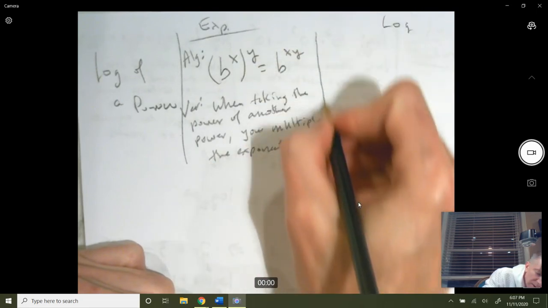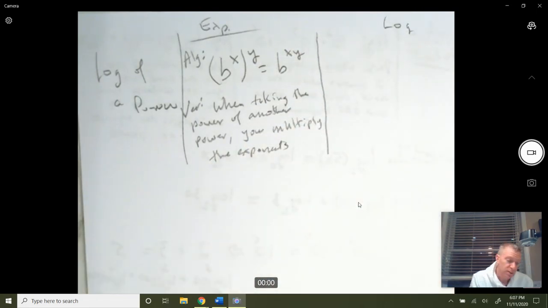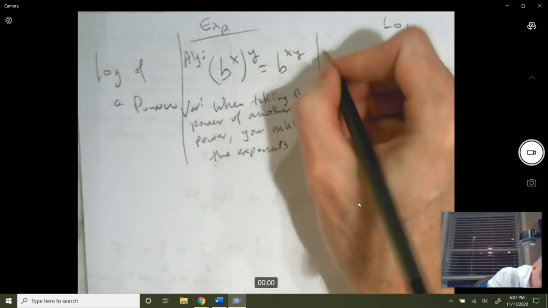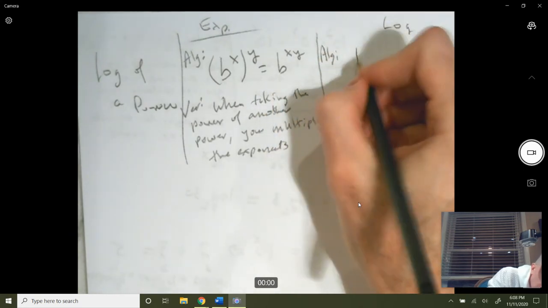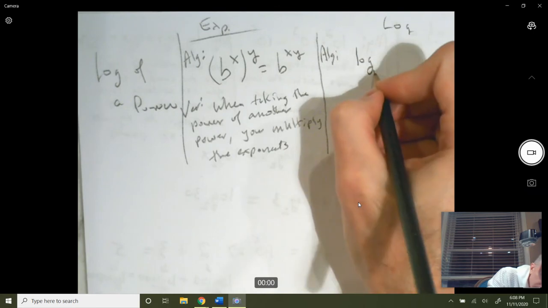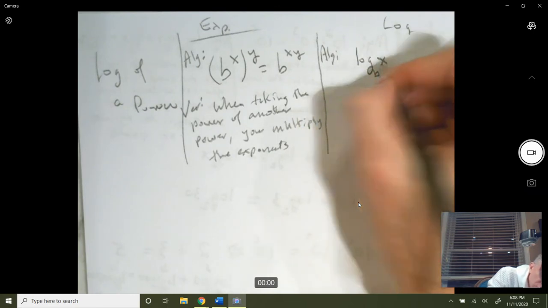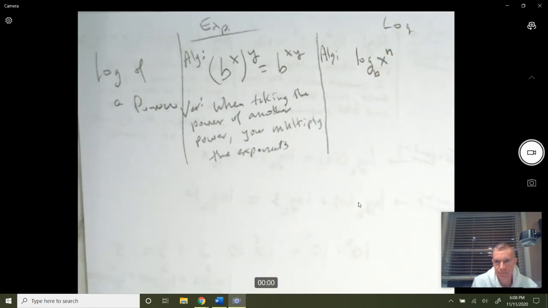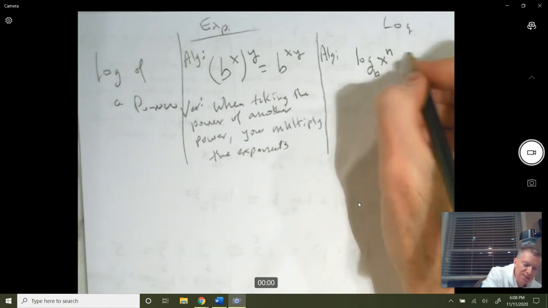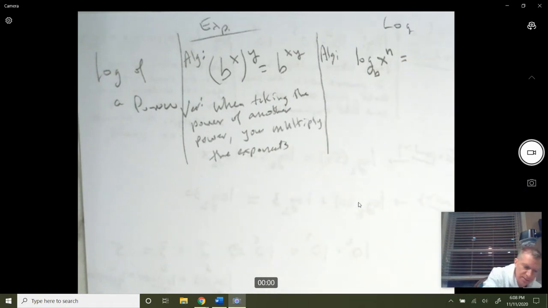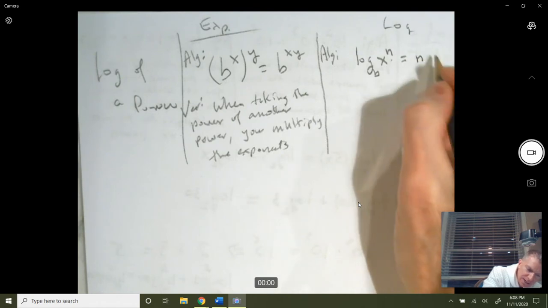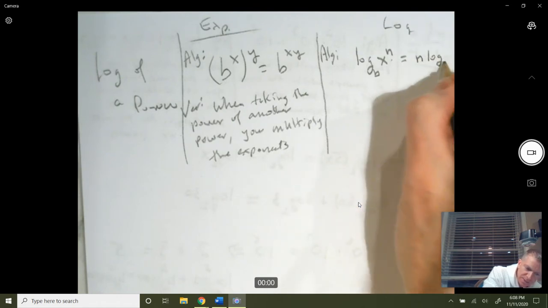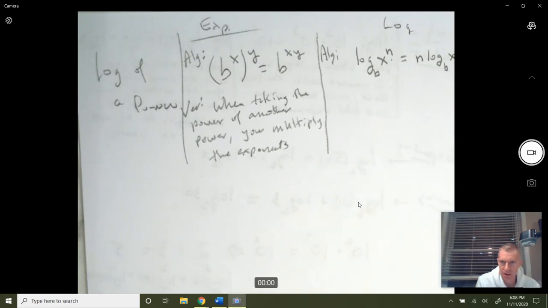Okay, now when you have a log, this is the log of a power. So algebraically, we would say the log of a power, let's say log base b of x to the n. Now this one seems less intuitive at first glance, is equal to n times the log base b of x.